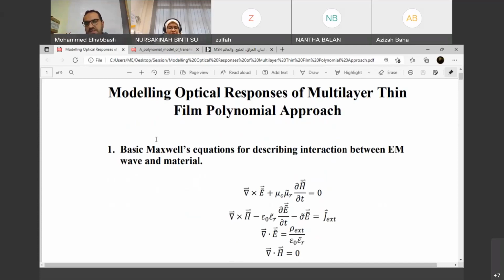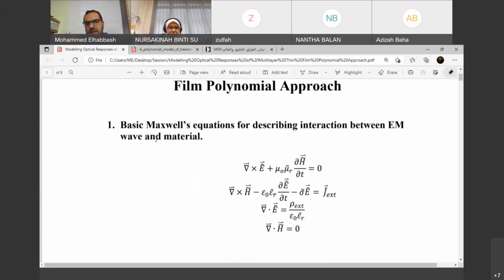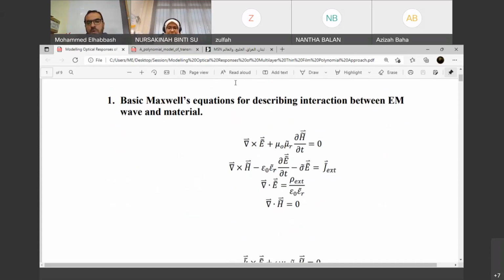Here we see the Maxwell equations, which describe electromagnetic light in general. We have here the four equations. I think they are very famous equations. Here we have the curl, this operator with the cross, which means we have the curl of the electric field. This symbol is the electric field.